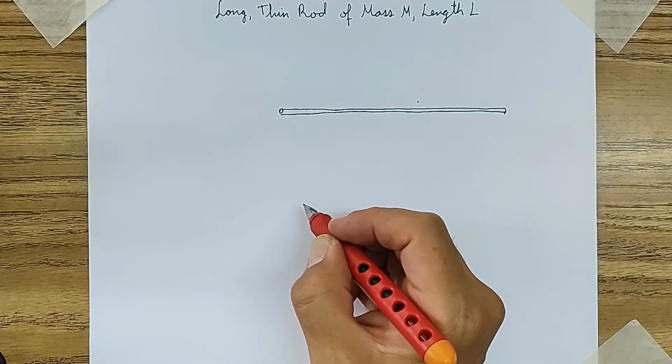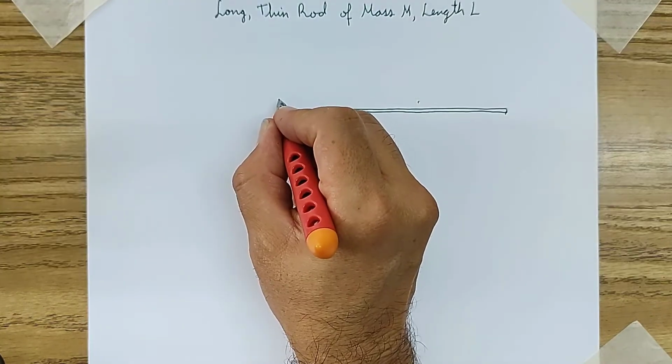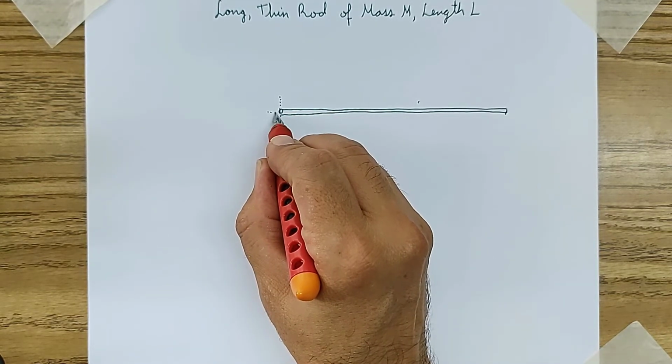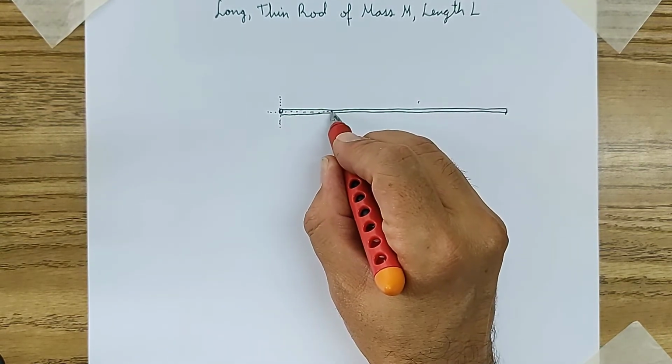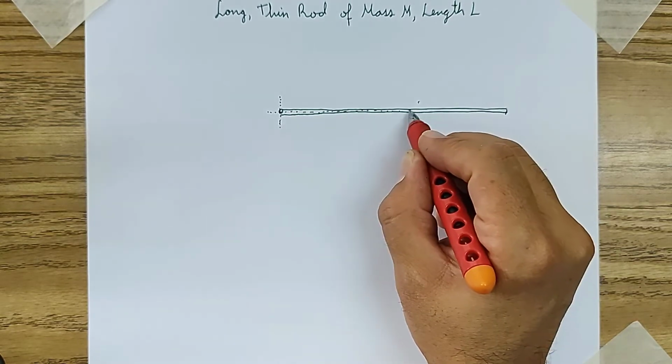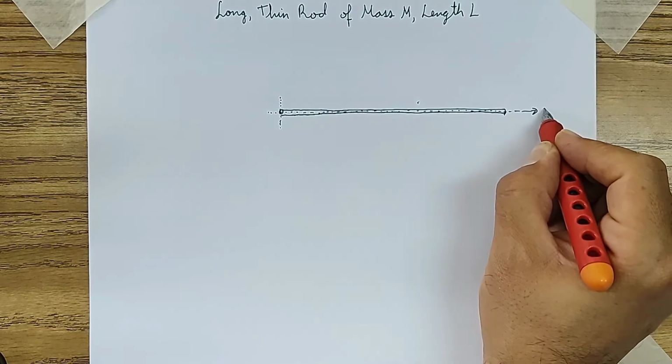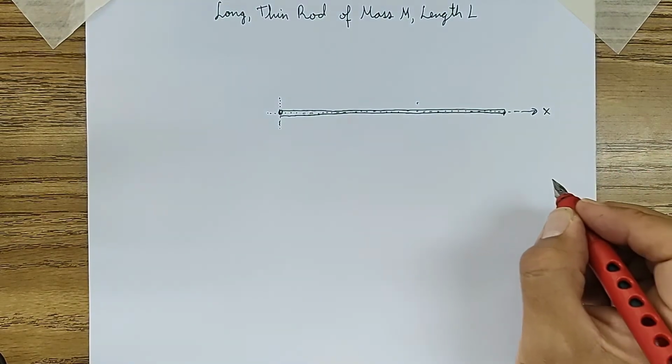And in order to analyze this situation, it is useful to consider a coordinate axis that goes in the direction of the rod. We are going to call that the x-axis.